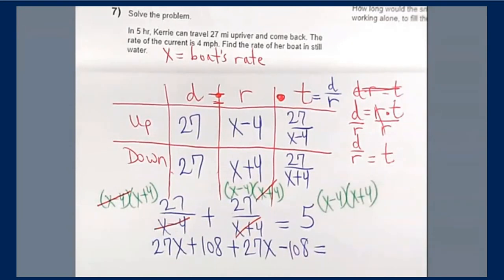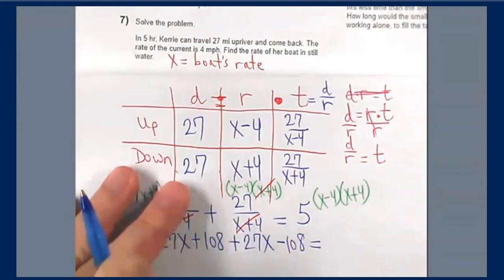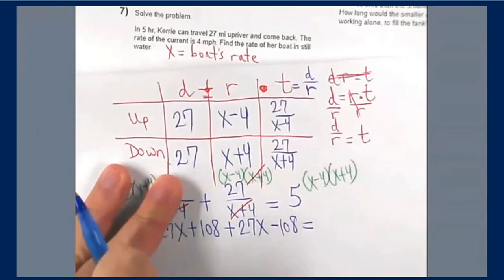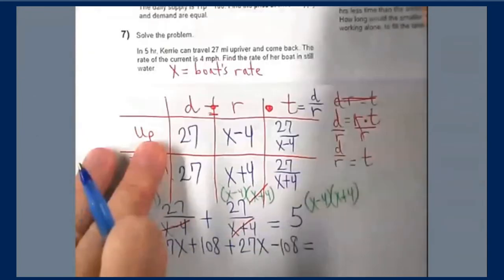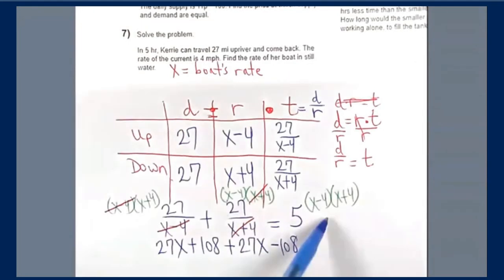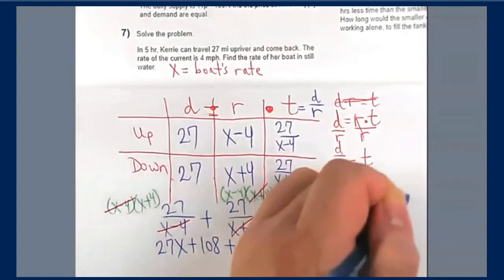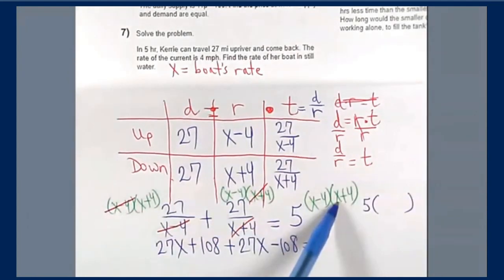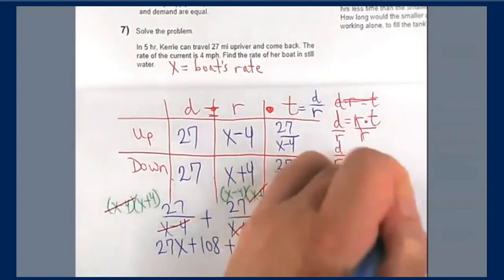On the other side, nothing cancels. So we just multiply the x minus 4 and x plus 4. When you FOIL out, x minus 4 times x plus 4 is x squared minus 16.